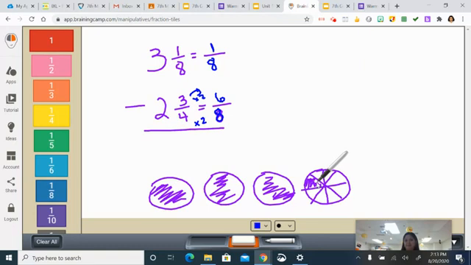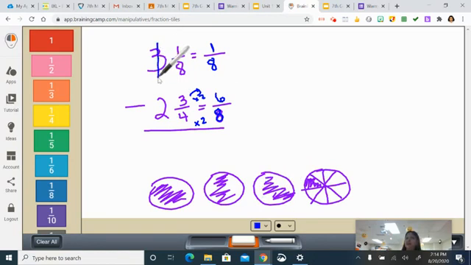But I can take this one right here, my whole, and cut it up into 8s, and then take out 6 of them. So what I'm doing is, I'm taking one of these 3 and I'm cutting it up to 8 pieces. So look at what I'm doing over here.